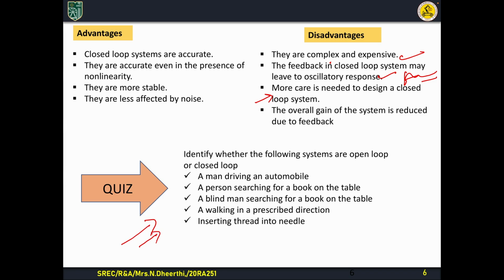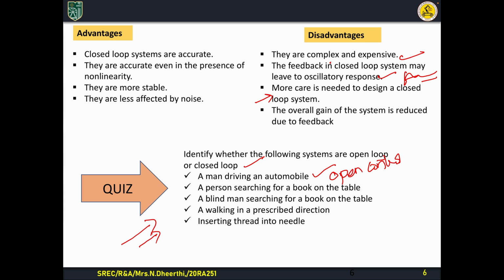Identify whether the following systems are open loop or closed loop. First, the man driving an automobile. Is it open loop or closed loop? The output is controlled by the input, and it has feedback.